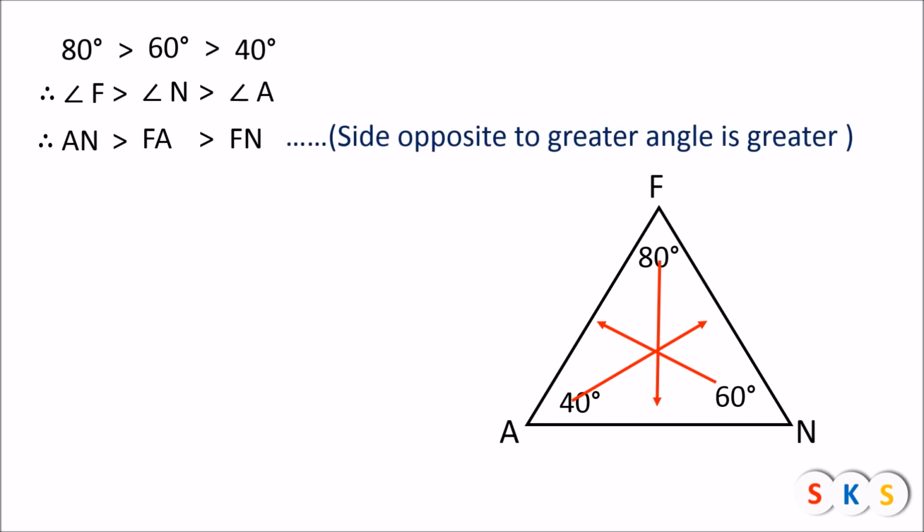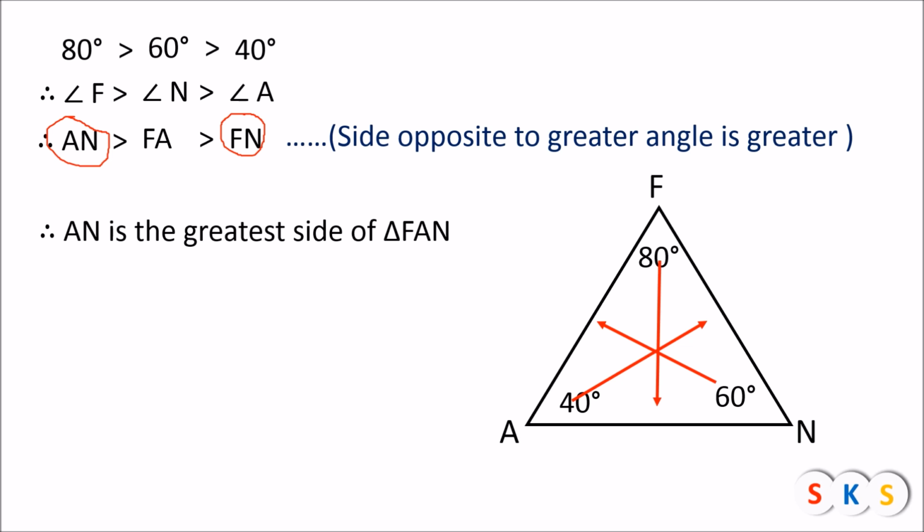According to this property, side opposite to greater angle is greater. Now we know the greatest side and smallest side of this triangle. Here seg AN is the greatest side of triangle FAN and seg FN is the smallest side of triangle FAN.